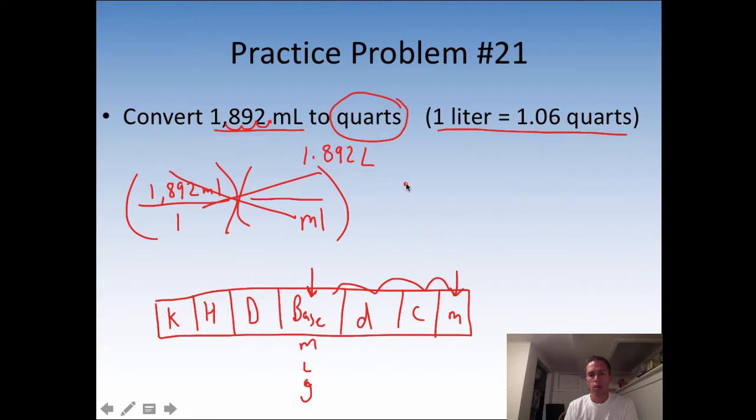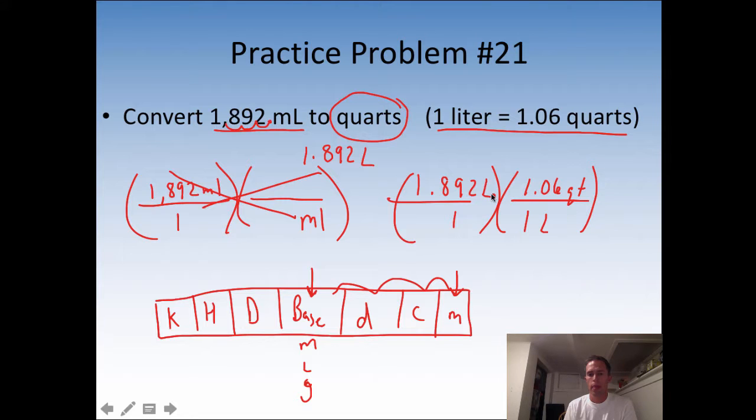And now we have 1.892 liters. I'm going to put that over 1. And we're going to use our new conversion factor here. 1 liter is equal to 1.06 quarts. Our liter will cancel out, and we times across the top, 1.892 times 1.06, and I get this number, 2.0, it rounds to a 1, and our units that we have to write down are quarts.